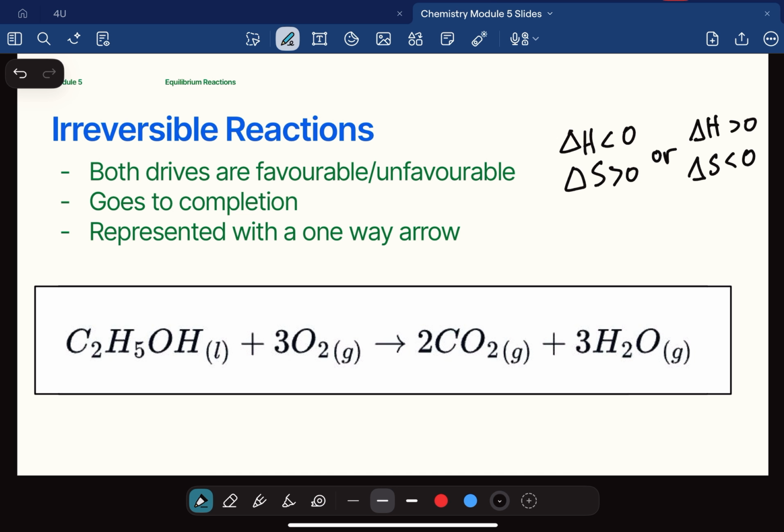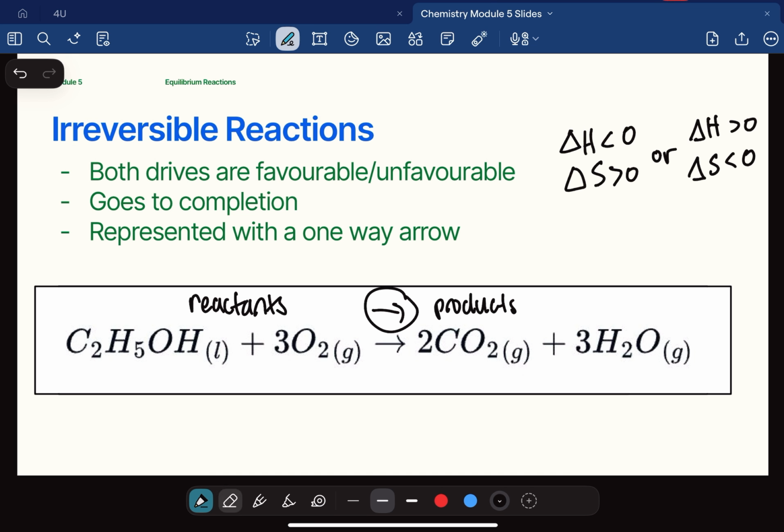Now, they also go to completion. So in this reaction, the combustion of ethanol, all the reactants will be converted to product at the end. There'll be no reactants left at all. So that's why we represent it with a one-way arrow, because it doesn't go both ways.